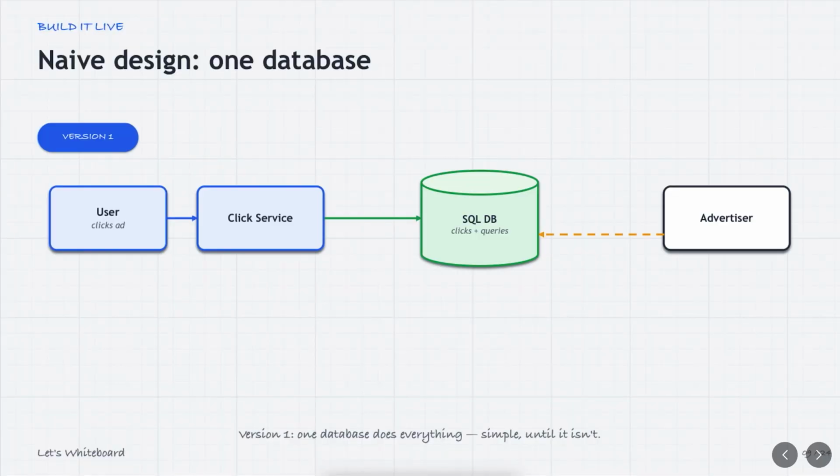Let's start with a high level design and see how the data flows in. We have this web page from where we're displaying these ads. The user clicks on an ad. We have some sort of click service, for example at the back end. It collects the ad ID, impression ID and so on, and the timestamp, and it stores all of these in some sort of DB.